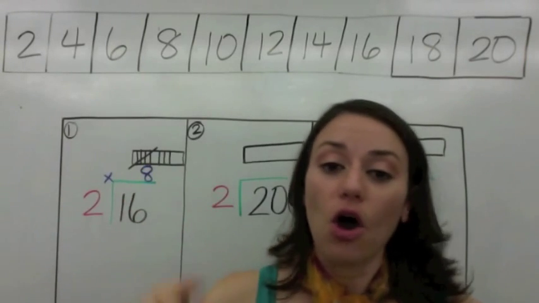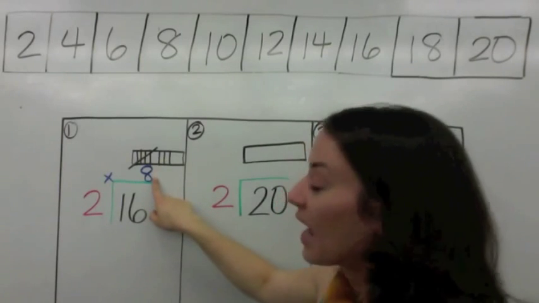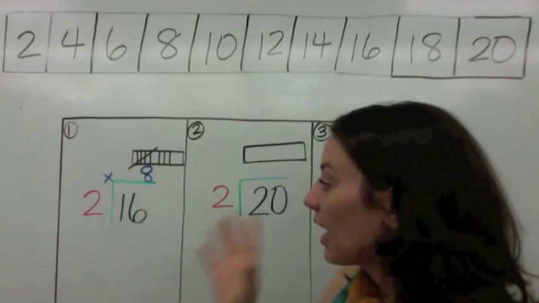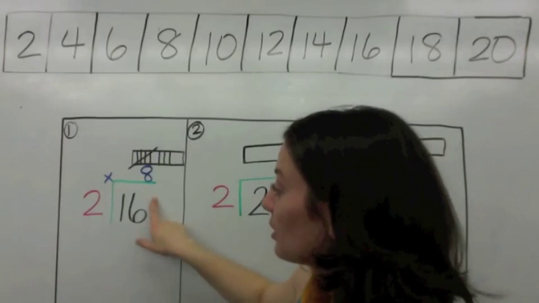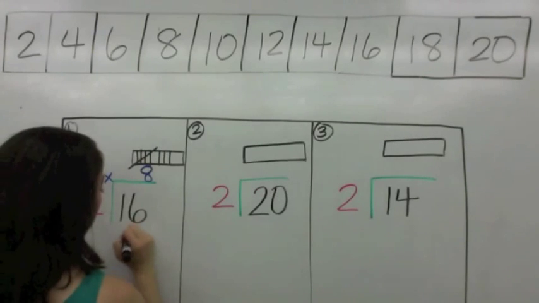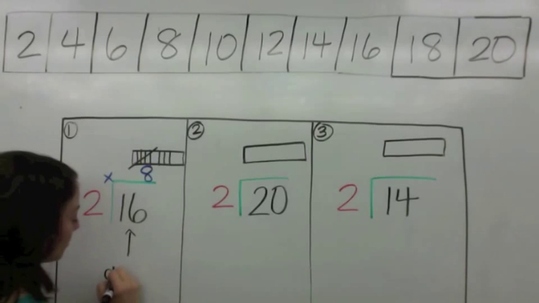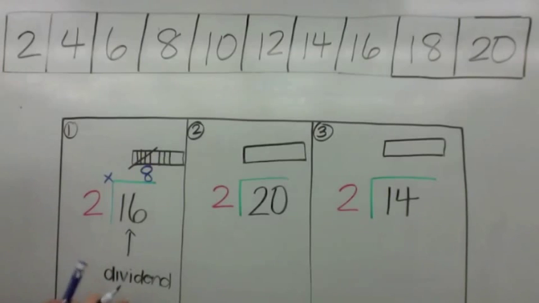And for today, all I want you to do is go ahead and make the tally marks and write the number. Now, again, the big number under the box, we have some vocabulary words. The big number under the box, I'll just tell you right now, this is called the dividend. Say this word, dividend. Okay, this is the big number you're dividing.